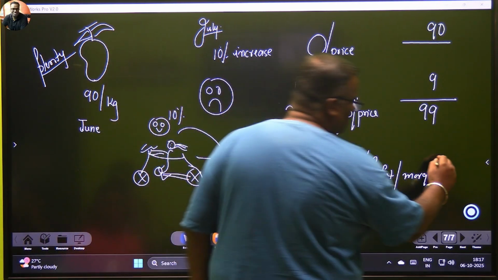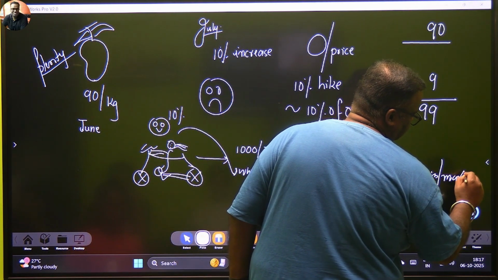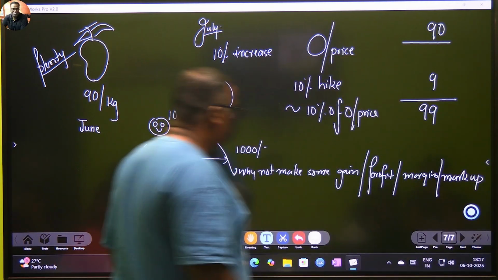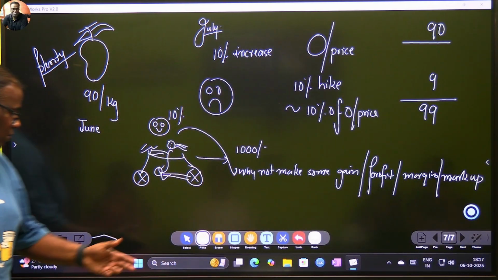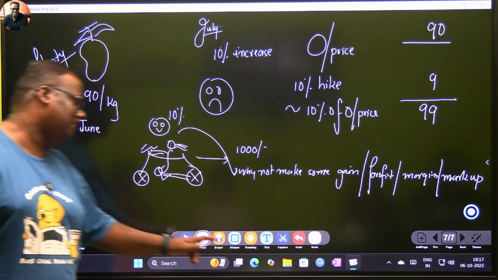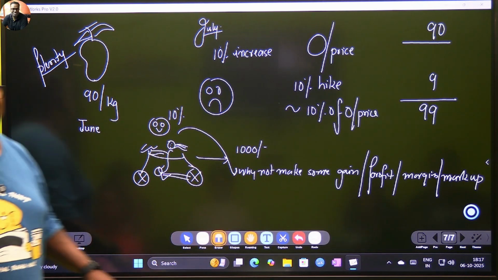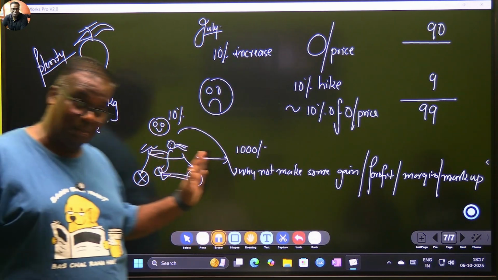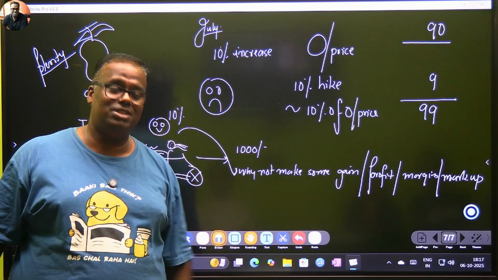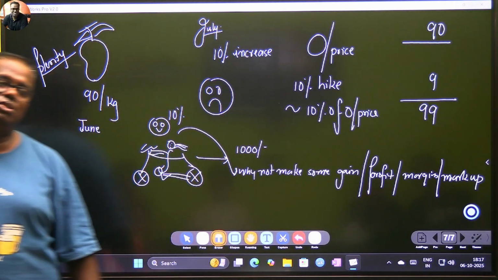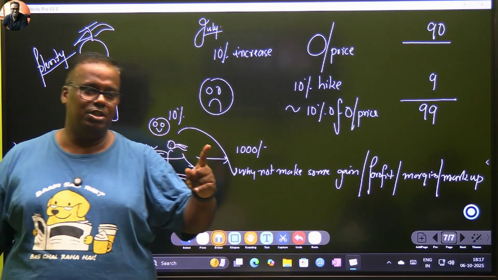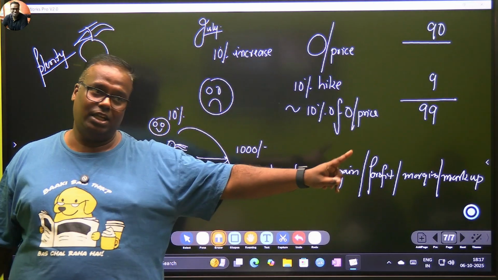And this is also known as markup. And to buy this cycle, again, our Fosla man went, your cycle, I know you maintain it so nice, I'm going to buy it from you. But she's very clever, huh? She's going to mark it up by how much? 10%. So what is the price of the cycle? 1,000 rupees. She will take that 1,000.